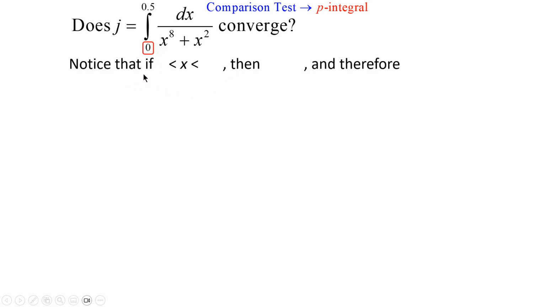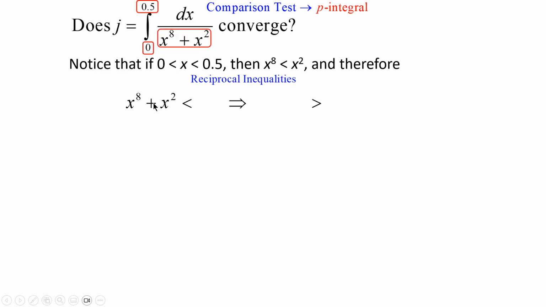So notice that if 0 is less than x and x is less than 0.5, then I'm going to compare these two right here. So x to the 8th would have to be less than x squared because my power is between 0 and 0.5. Okay? And therefore, we could say reciprocal inequalities again now.